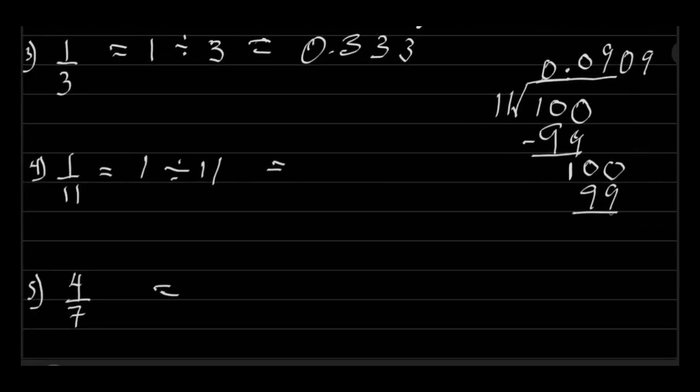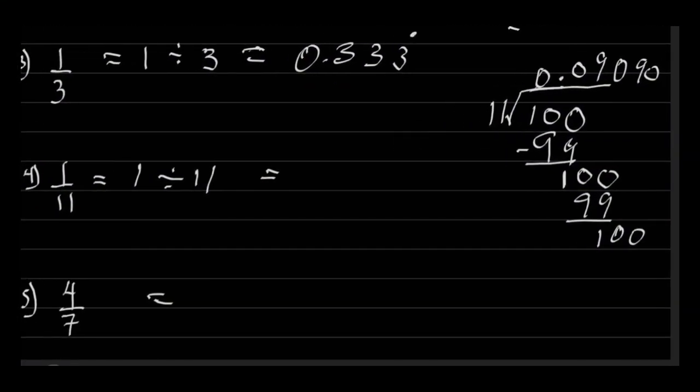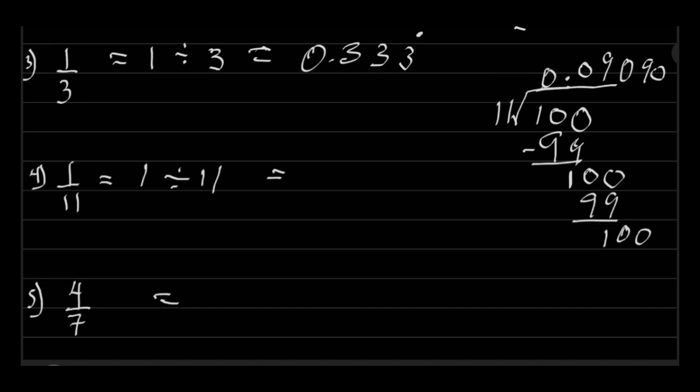When we do a subtraction, we are going to have 1. And we realize we have to introduce 2 zeros again. So introducing 2 zeros here means we'll have to add one more 0 up here. So it is just going to be repeating in that order. So this is 0.0909 in that order.